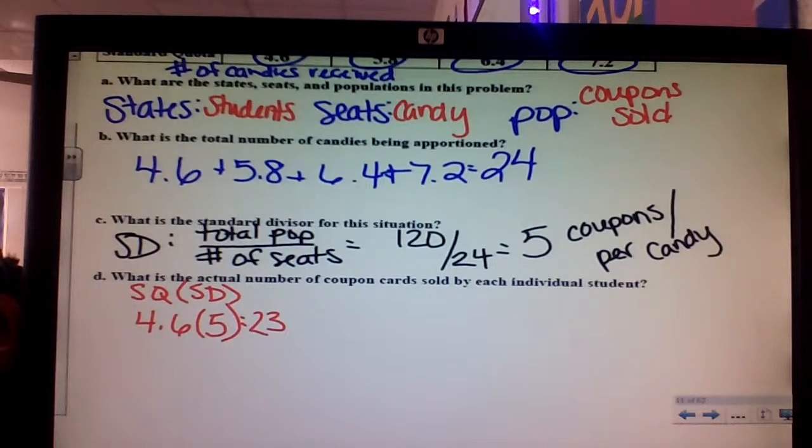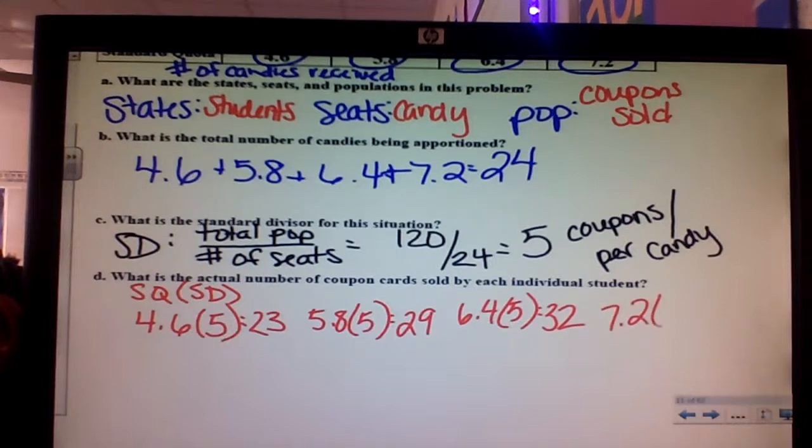Okay, he sold 23 coupons. 5.8 times 5. 29. 6.4 times 5. 32. And 7.2 times 5.